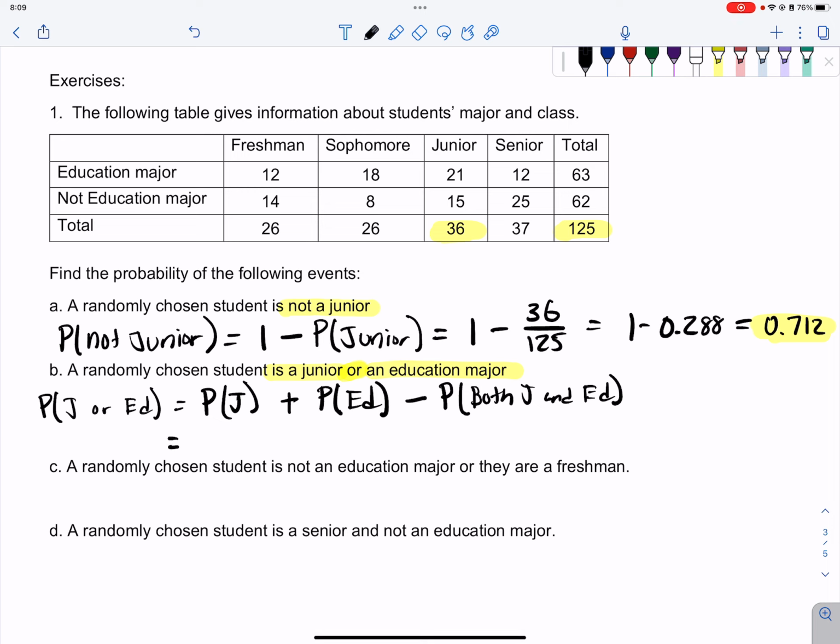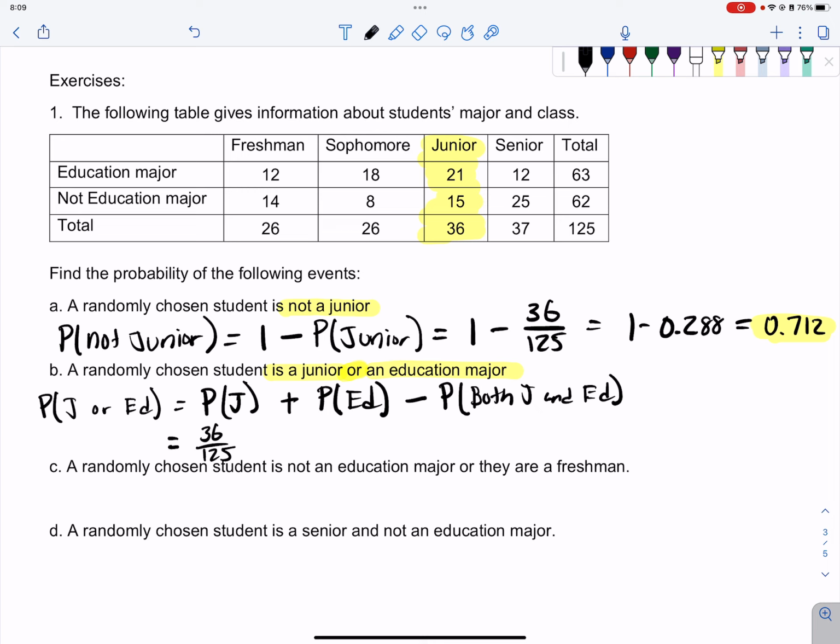So now in our table, if we take a look at our junior column, we can see that we have a total of 36 juniors. So the probability that they're a junior is 36 out of 125.